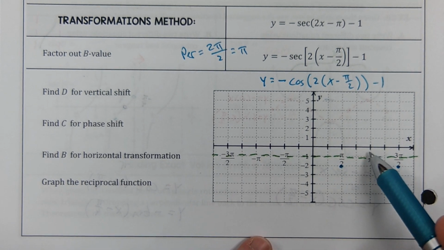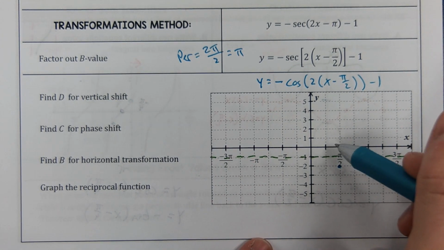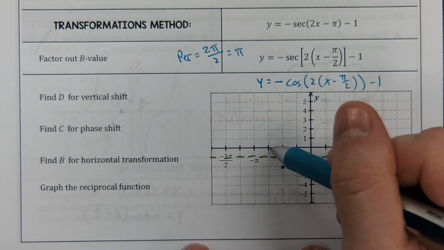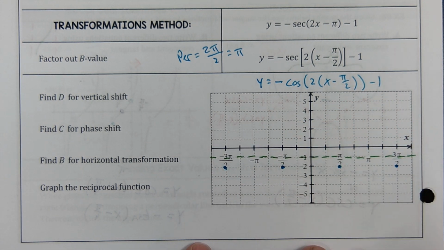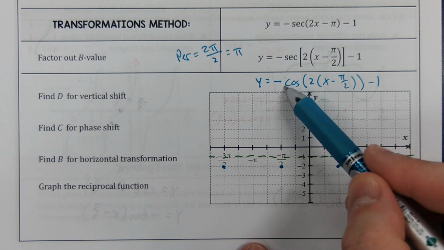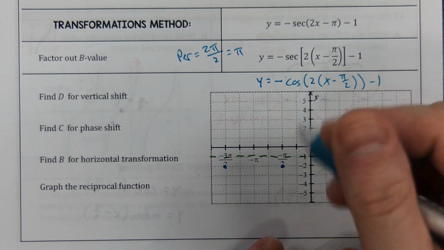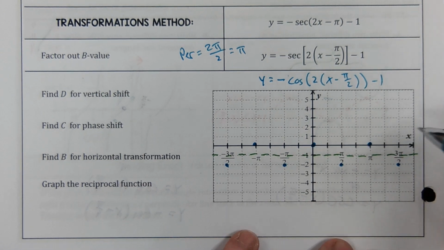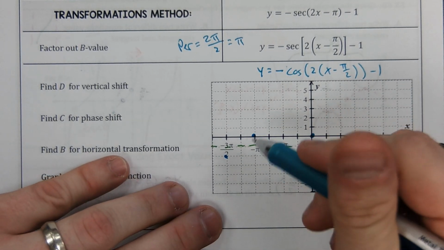And pi was 1, 2, 3, 4 tick marks. Let's do more, just for funsies. Halfway between all of those minimums, we will be at a maximum, which will be only 1 above this midline. And fill it in.